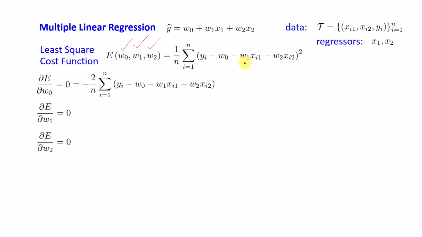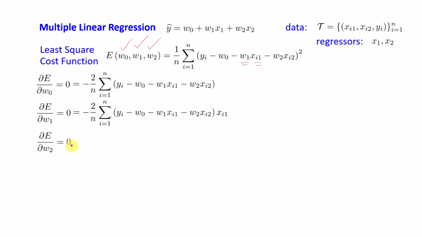But then we are taking the derivative with respect to W1, therefore this xi1 will be multiplied with this. So it turns out to be whatever there is in the first bracket multiplied by xi1, summed over i equals 1 to n.